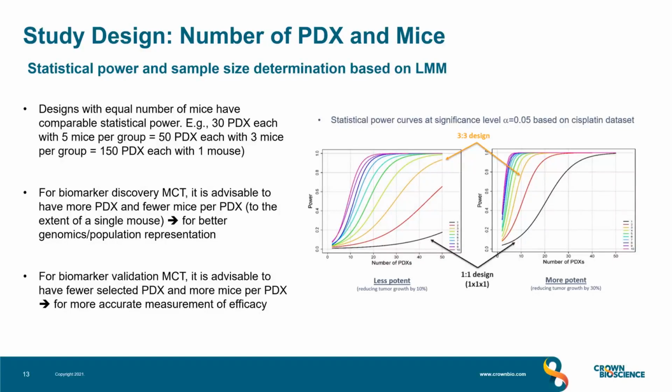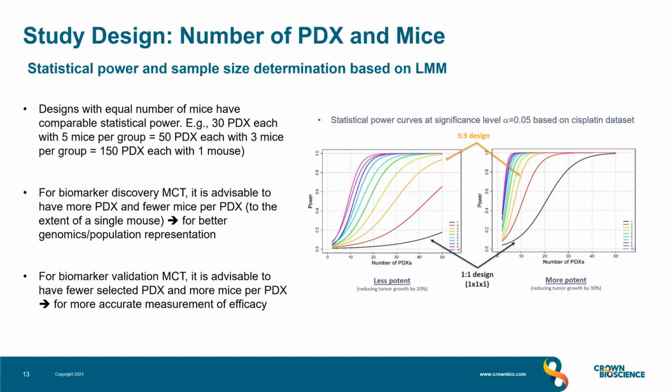With a good number of mice, there is not that much concern on statistical power, but rather the purpose of an MCT dictates the study design. Specifically, for biomarker discovery MCT, it is advisable to have more PDX and fewer mice per PDX, to the extreme case of just using 1 mouse.